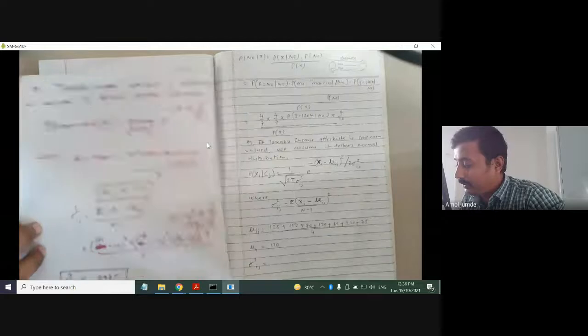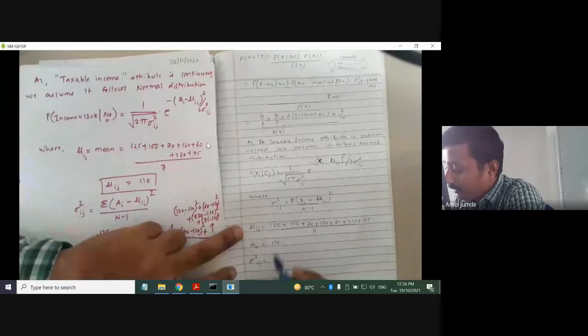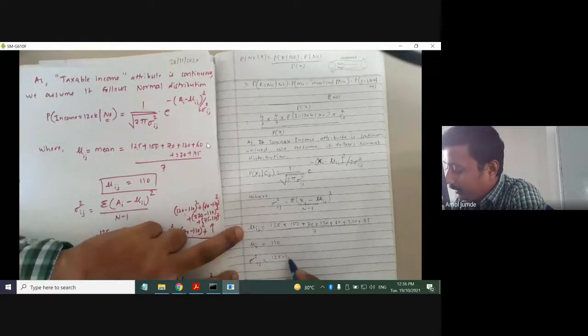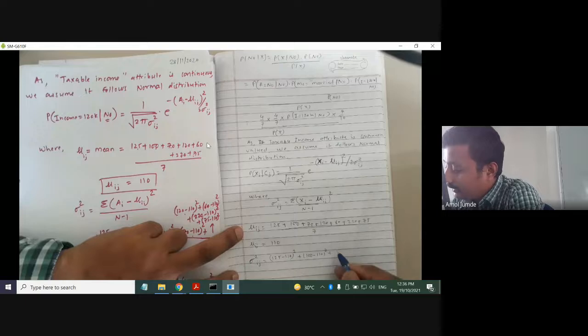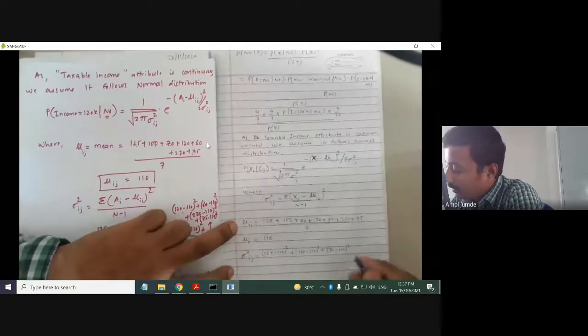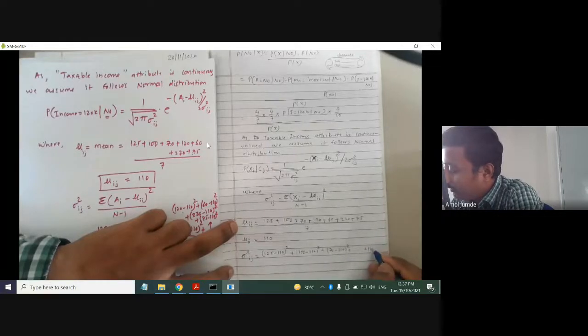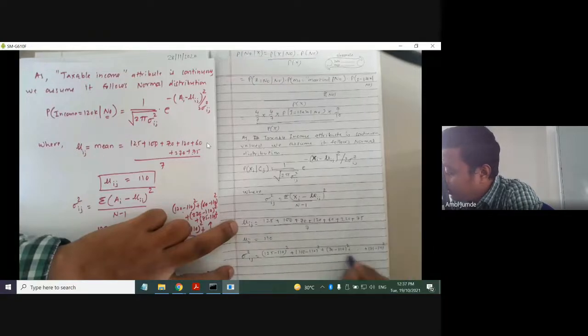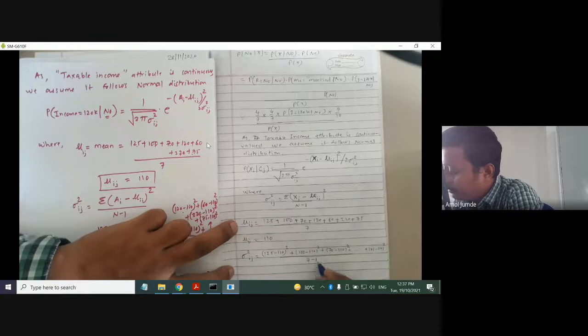So 125 minus 110 squared, plus 100 minus 110 squared, plus 70 minus 110 squared, plus the remaining values, and the last one 75 minus 110 squared, divided by 7 minus 1.